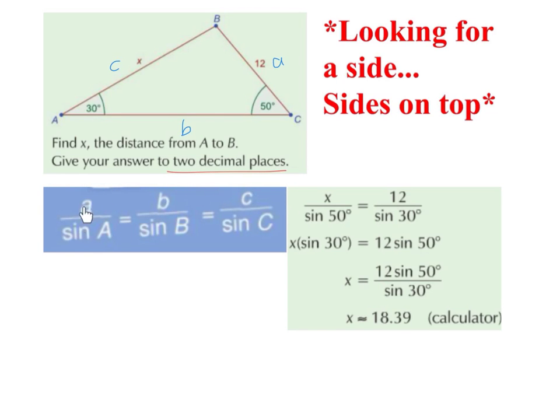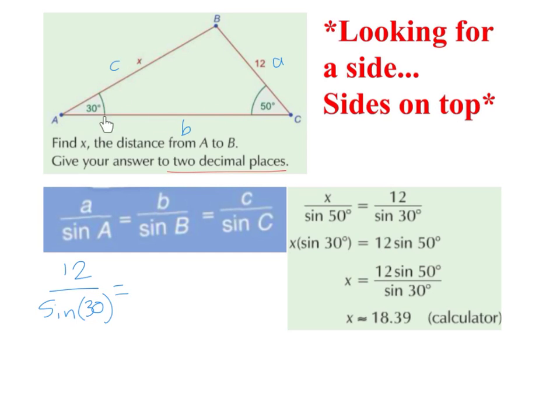Then we just substitute into our formula. We're going to swap side a for 12, divided by sine A, which is 30 degrees, and that is equal to side b, which we do not know.